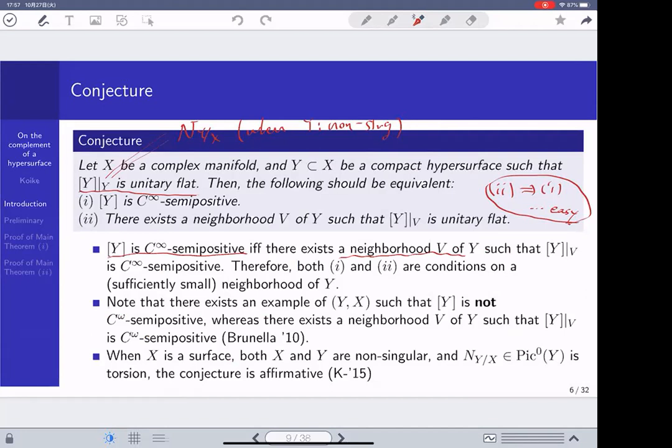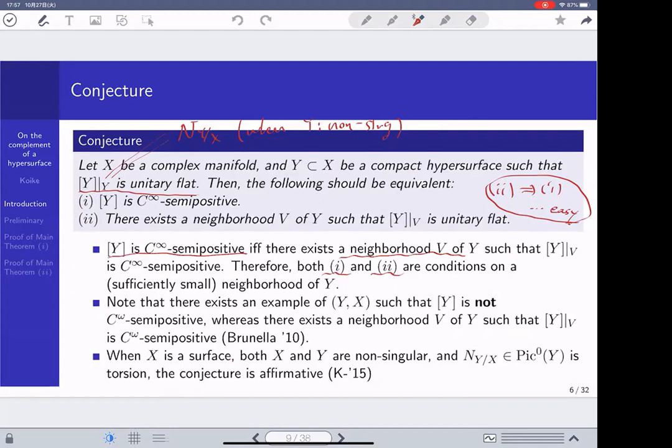What I want to say here is that condition 1 is also a condition on a neighborhood of Y, a very local condition. So both the first condition and the second condition are conditions on sufficiently small neighborhoods of Y.